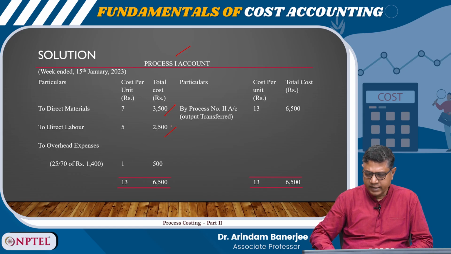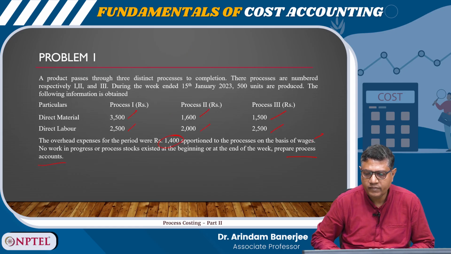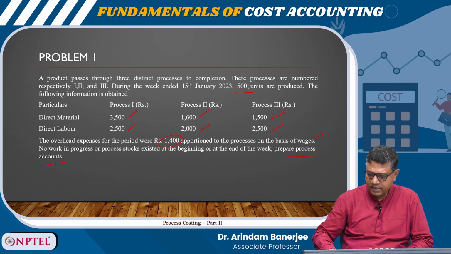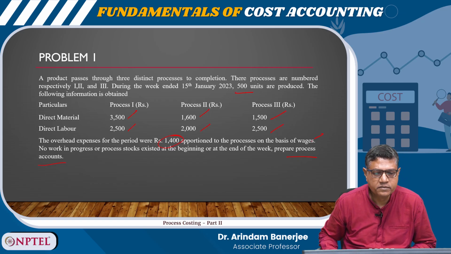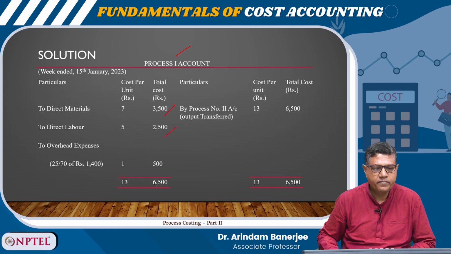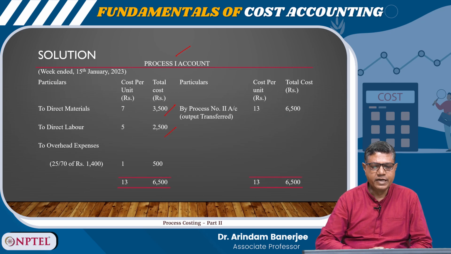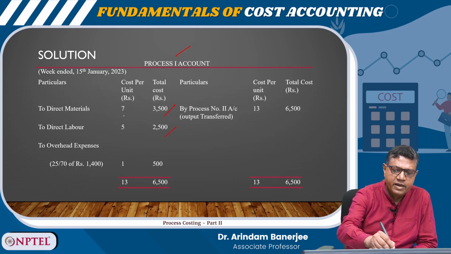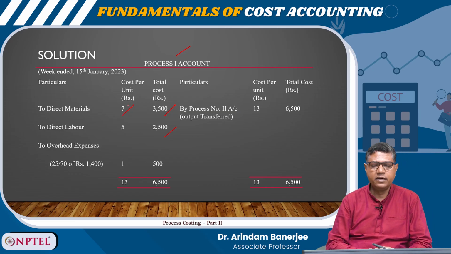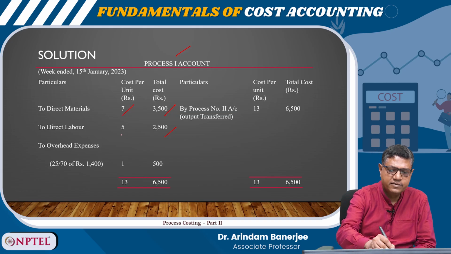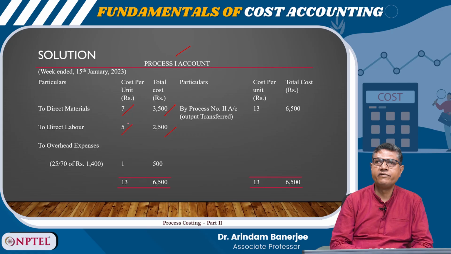It is given here that the number of units is 500. So, 3500 divided by 500, per unit material is 7, and 2500 divided by 500, per unit labor is 5.